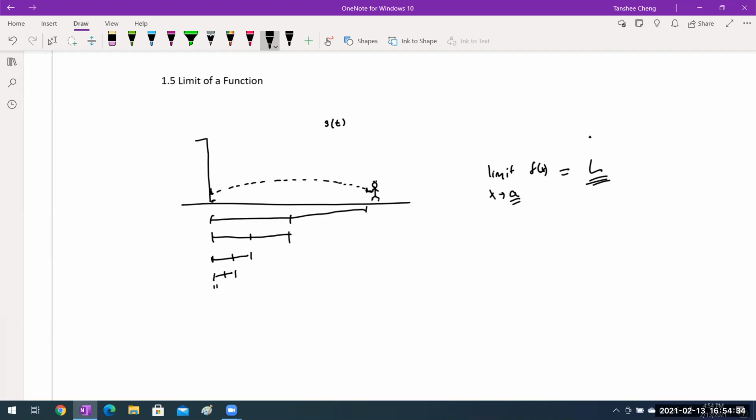So that is a big difference between the function value and the limit value. Once again, the limit value is about looking at, when the x value is closer and closer to a certain value, is there going to be a limit or not? Meaning, is there going to be an outcome?